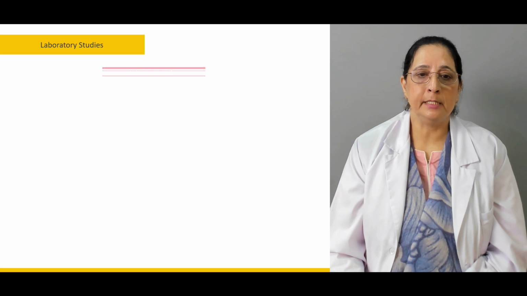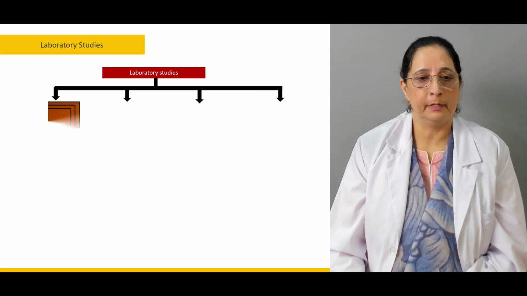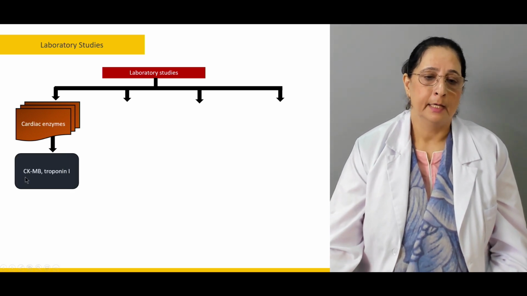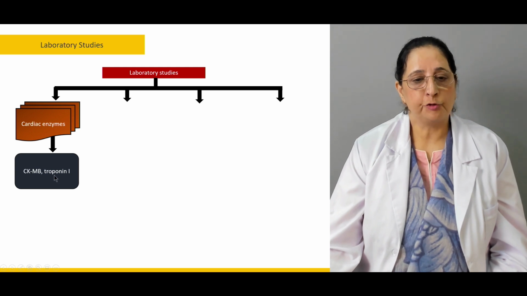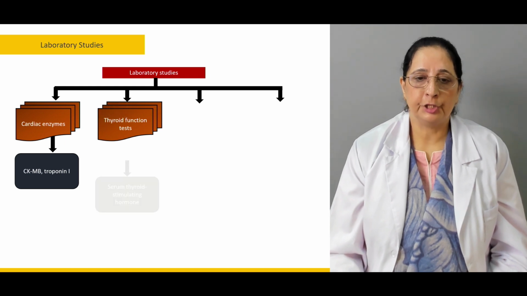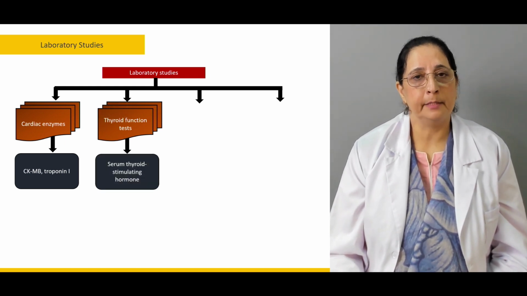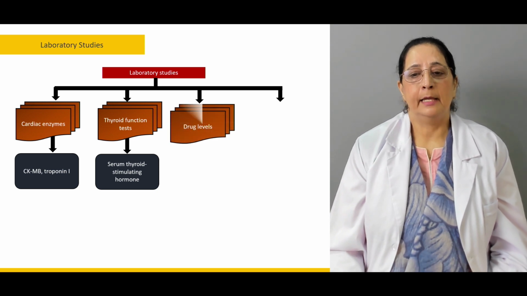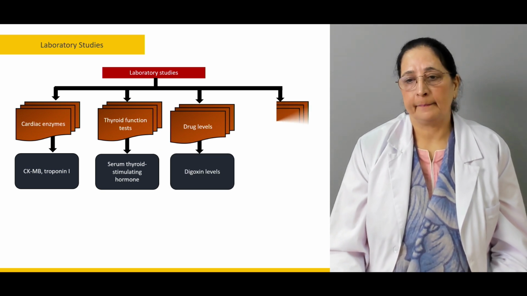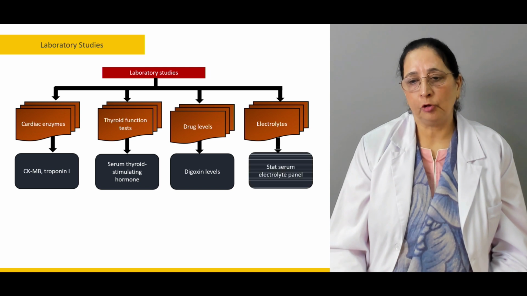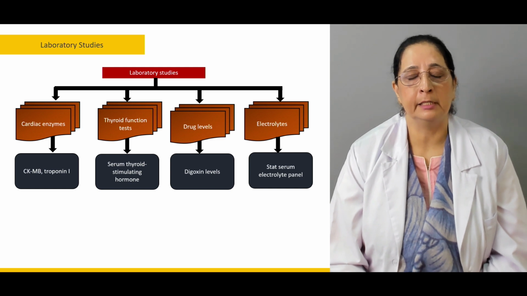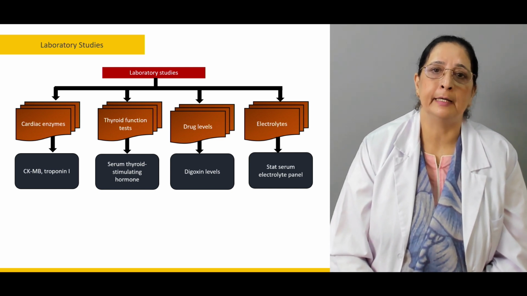Then some lab studies we need to do will be cardiac enzyme studies, which include CKMB and troponin I. Thyroid function test, serum thyroid stimulating hormone levels. Then we go for some drug levels like digoxin, and also the electrolytes like serum electrolyte panel, which gives us the idea of all the different electrolytes.